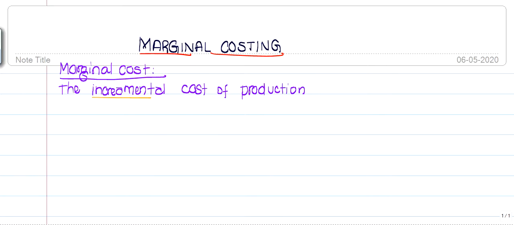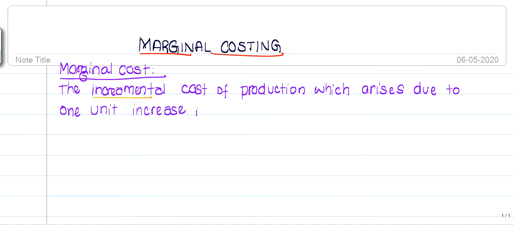Whenever incremental is used, there is some type of comparison. So incremental of what? The incremental cost of production which arises due to 1 unit increase in the production quantity.